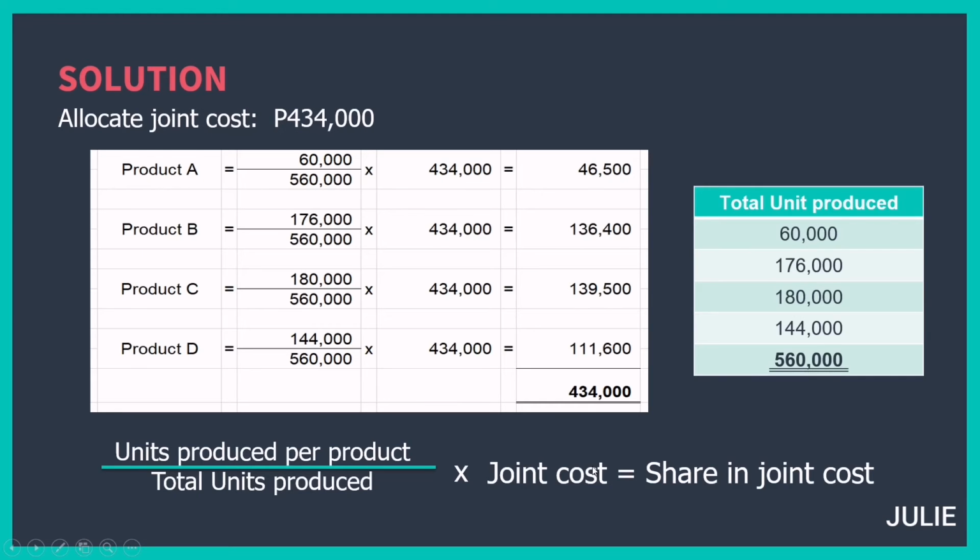So going on, we will now allocate the joint cost, which is the 434,000. You can refer to this data.